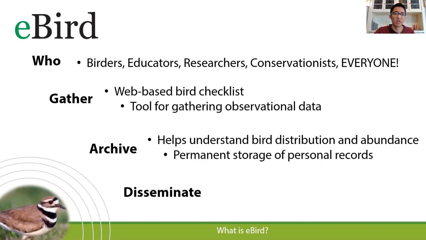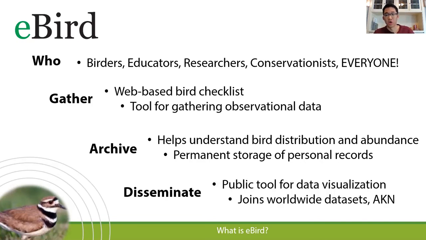The next thing that eBird does is that it disseminates the data and the research that you collected. It joins worldwide data sets, and it joins this network called the Avian Knowledge Network, which is a super sophisticated program, and they model data based on temporal climate data, and they include data from eBird to help create these specific bird distribution and abundance records.